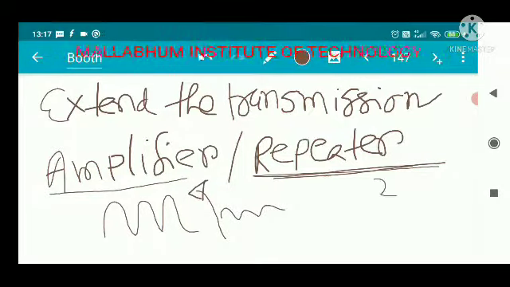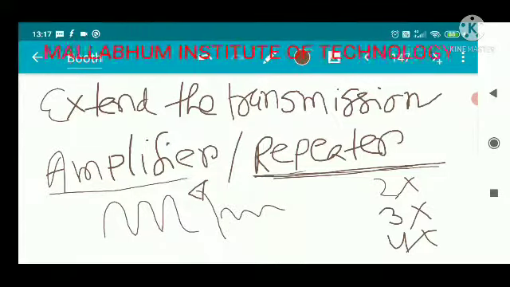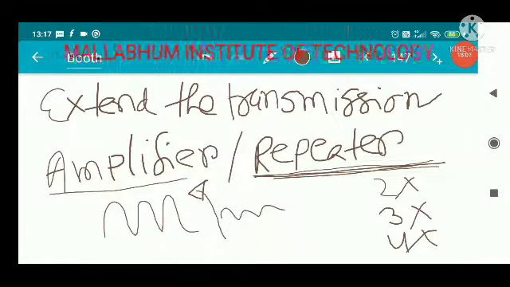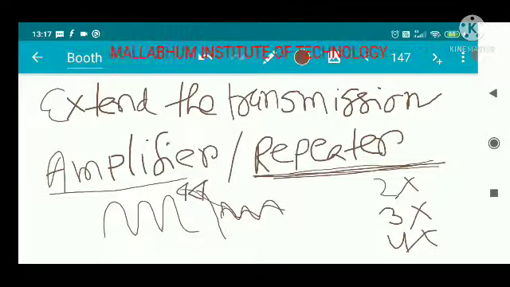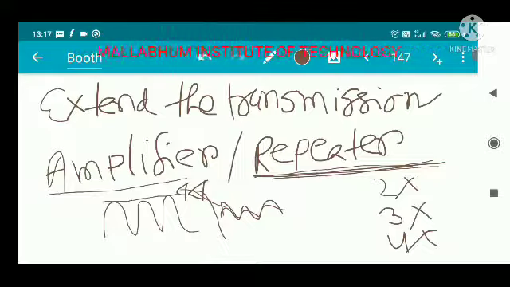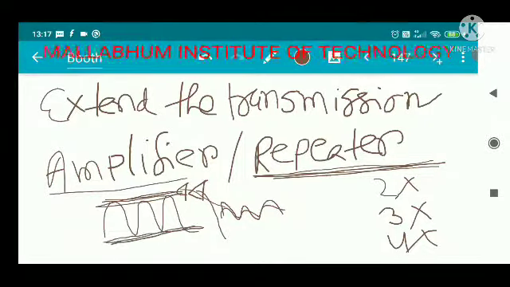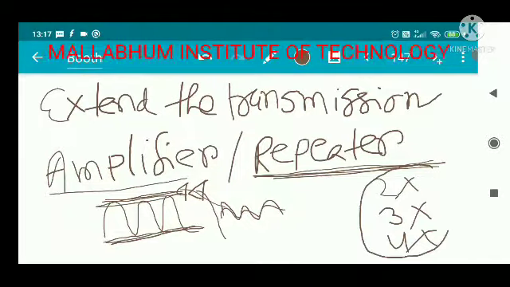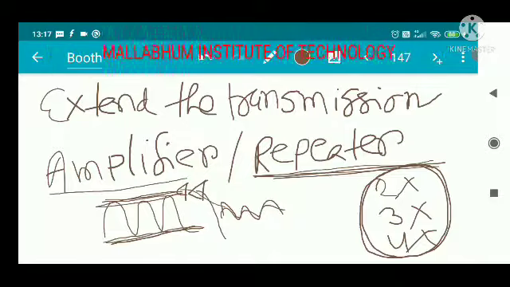An amplifier can amplify the signal 2x, 3x, 4x like that, but the function of the repeater is that it amplifies the signal to its original level only. It takes the signal bit by bit and only restores it to its original level, not a higher level than the original. But the amplifier can amplify the signal with this strength, that means 2x, 3x, 4x like that. So there is a difference between them.